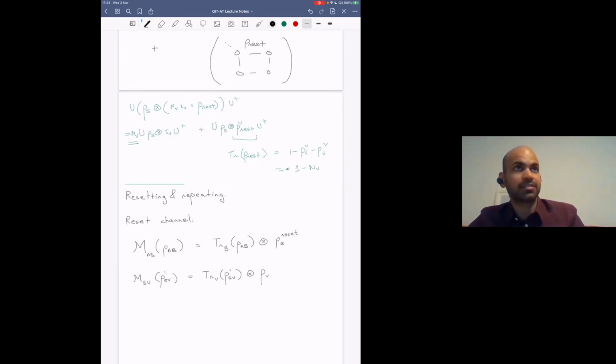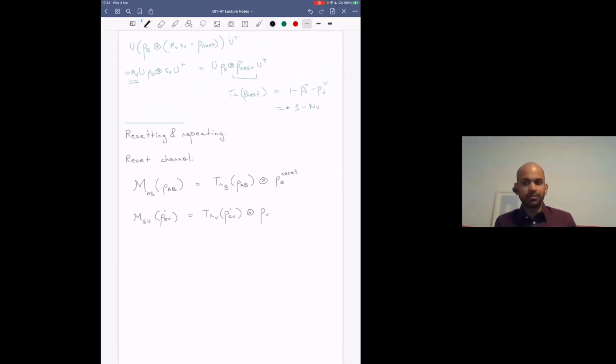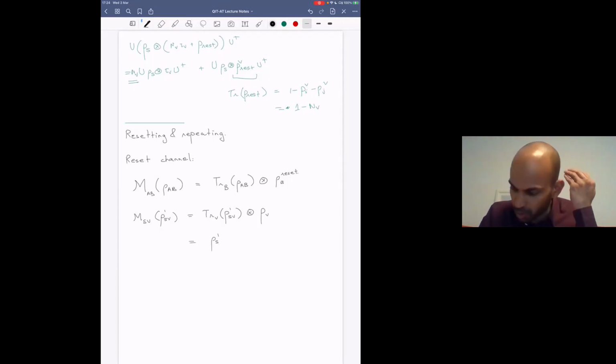So this is our reset channel, to reset V back to its original state before we do another swap. And so now we ask, well, what is going to happen when we do this? Imagine we already have done one swap and we do a second swap. So the first thing to note is that what this looks like is rho S prime, which by definition we've called the reduced state on S after the swap operation, tensor rho V.